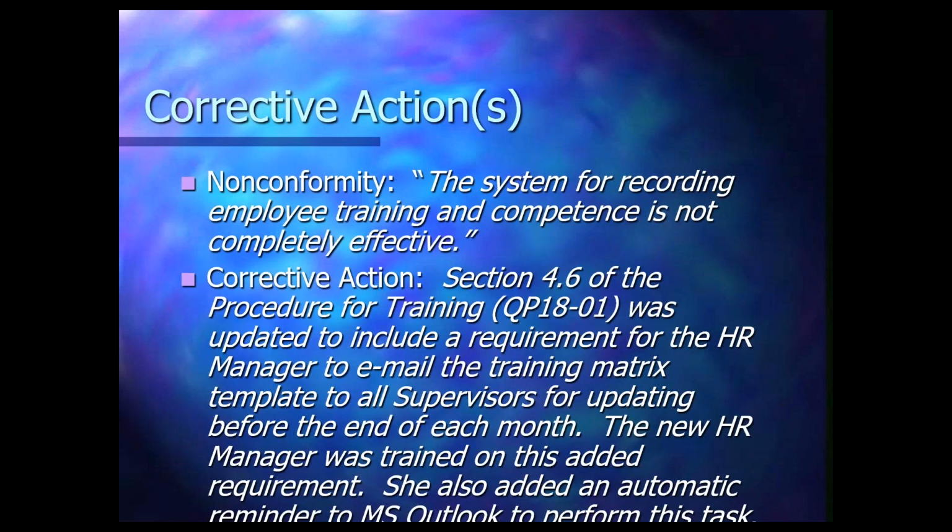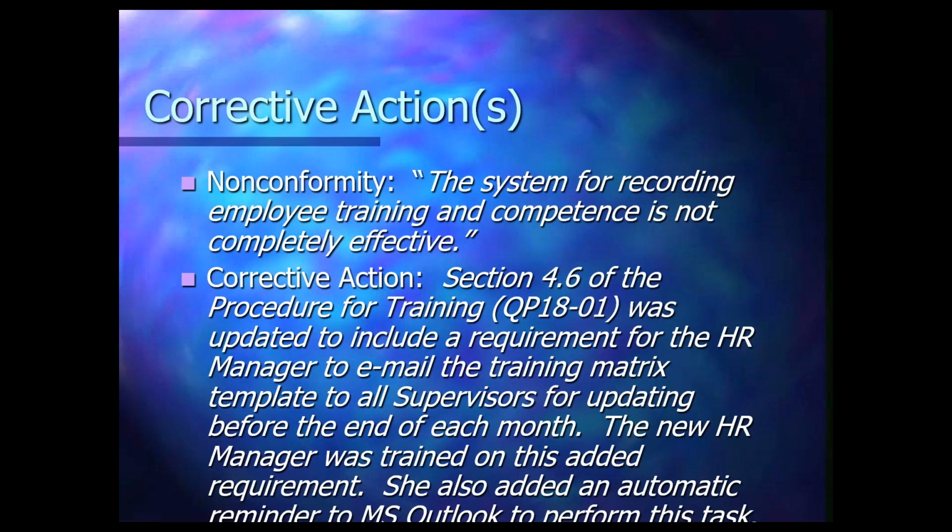So again, let's go back to where we started here. The system for recording employee training and competence was not effective. And if you remember what our cause analysis was, it had to do with HR failing to email things based on what was in the HR procedure. So what have we done?